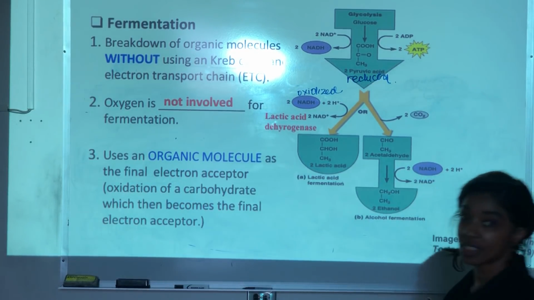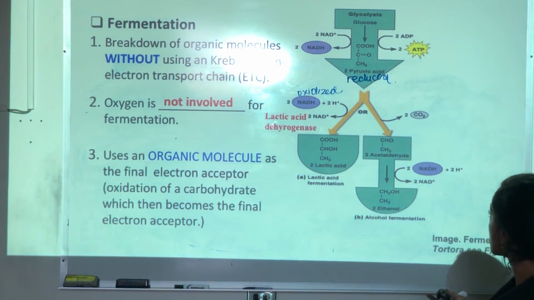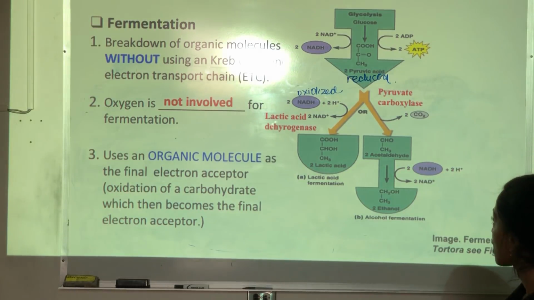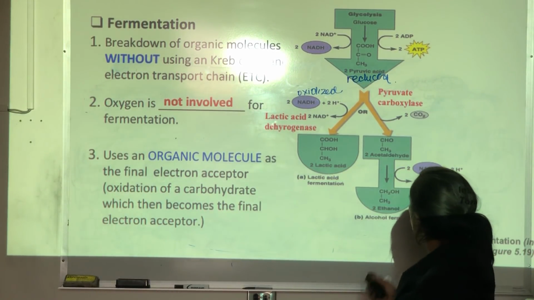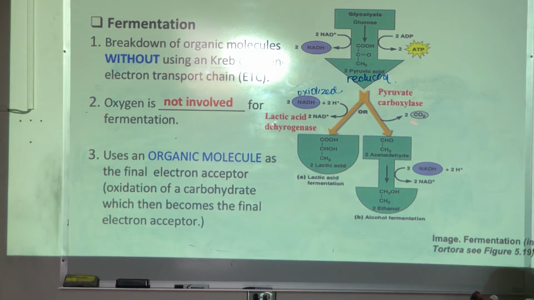For alcohol fermentation, it's slightly different, right? Some organisms may be able to make alcohol instead, and from pyruvic acid, they will have pyruvic carboxylase to remove a carbon. So we go from 3 carbon now to 2 carbon, right? Carboxylase removes carbon dioxide.